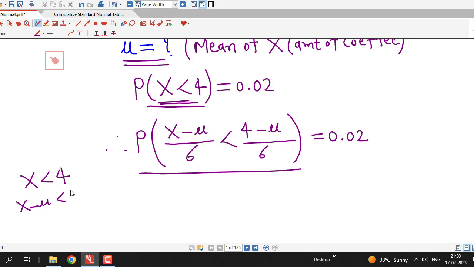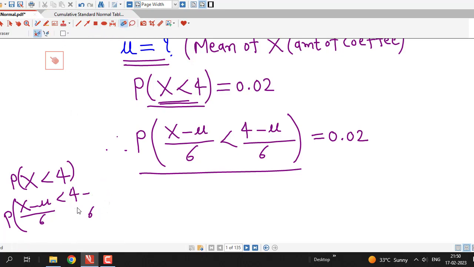We are rewriting this event X less than 4 in this form. X is less than 4, then X minus mu is less than 4 minus mu, and because standard deviation is always positive, we have (X minus mu) over sigma is less than (4 minus mu) over sigma. So the probability of this event is equal to the probability of this event.